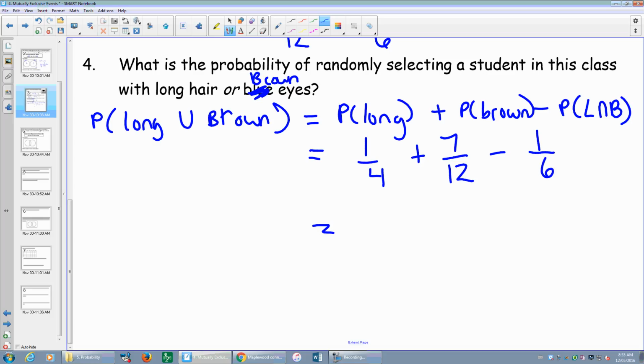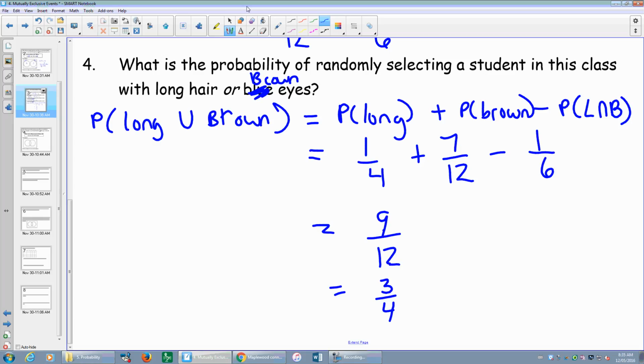Pat, what'd you get? How'd you get that? You would have gotten 8/12, right? 9/12. So we get 9/12, which it should give you 3, and multiply by 3, 3 plus 7 gives me 10/12.